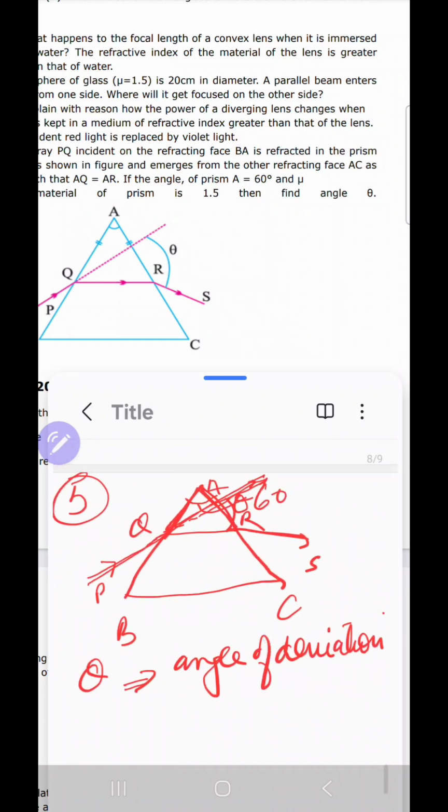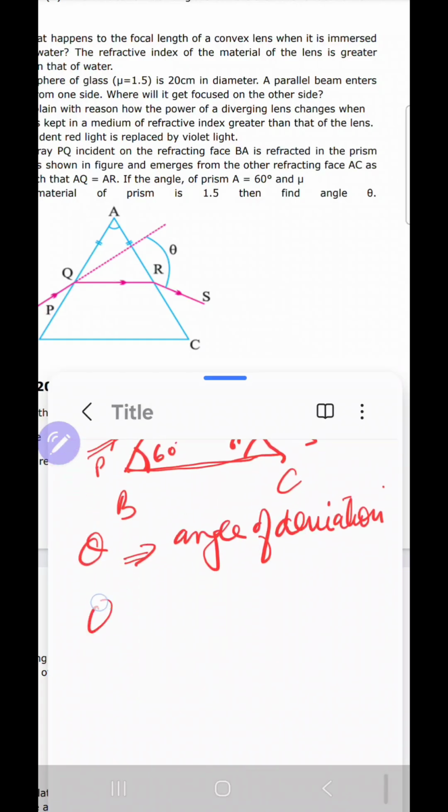Now you see here AQ is equal to AR. So these two angles would be same. If these two angles are same, means if this is 60, both of them have to be 60. And in this particular case also, these two angles are 60, 60. Now you see these corresponding angles are equal, then it means this QR is parallel to BC. So we can make out this QR is parallel to BC.